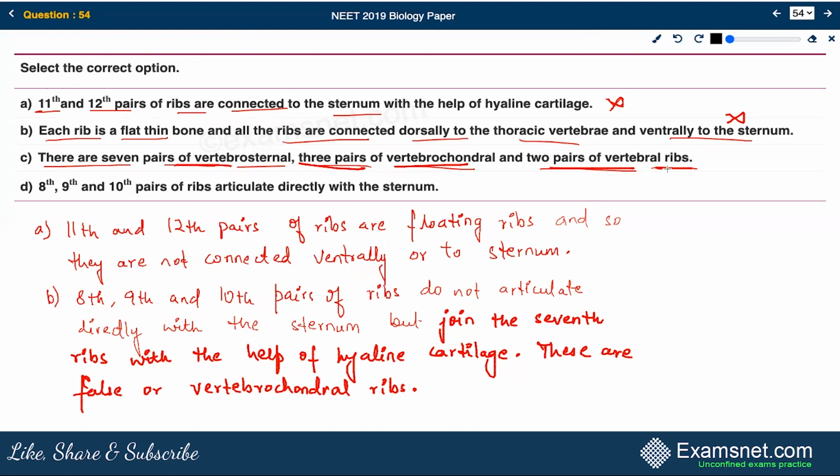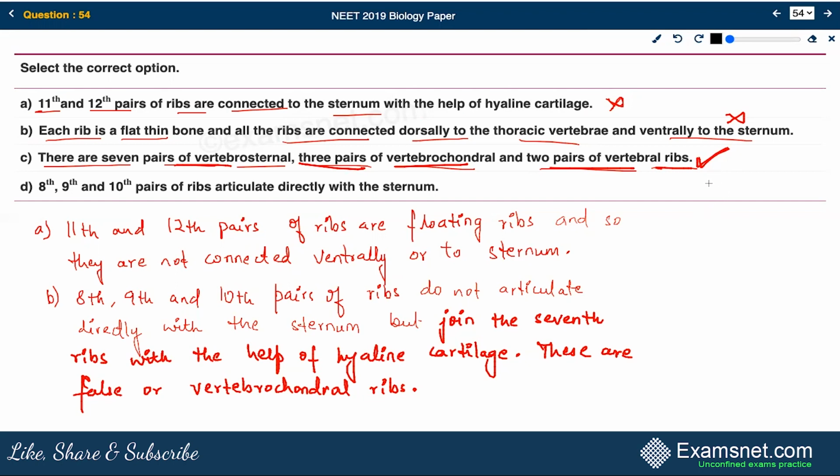So this statement is actually the correct statement. All right, this is considered to be the correct statement.